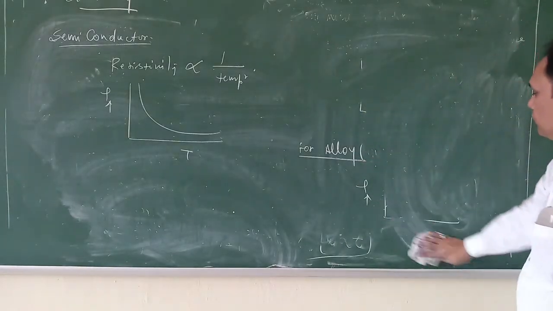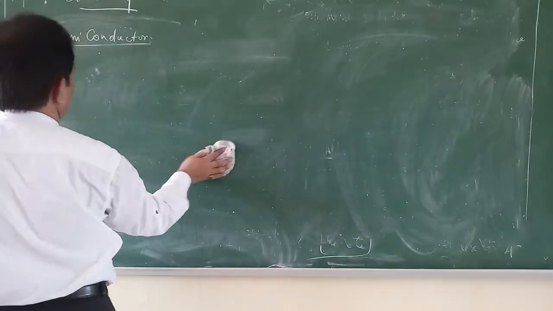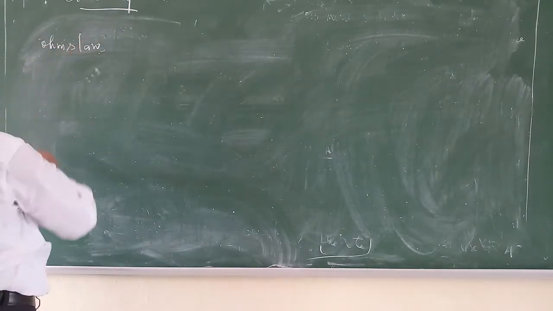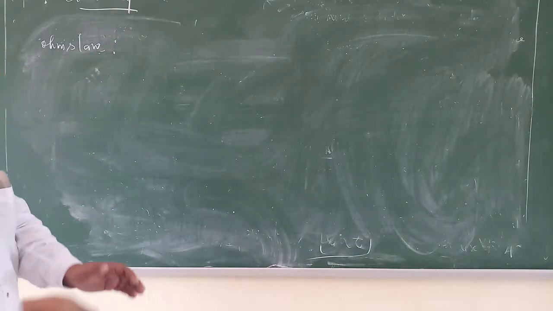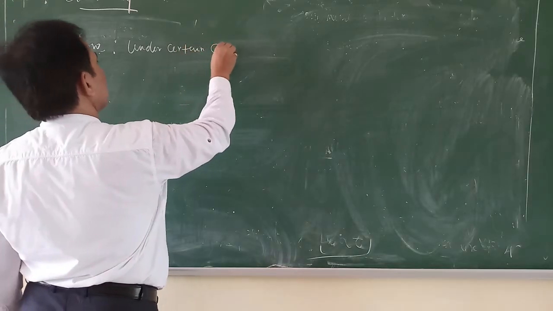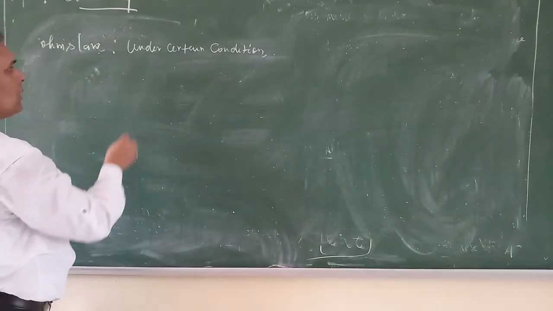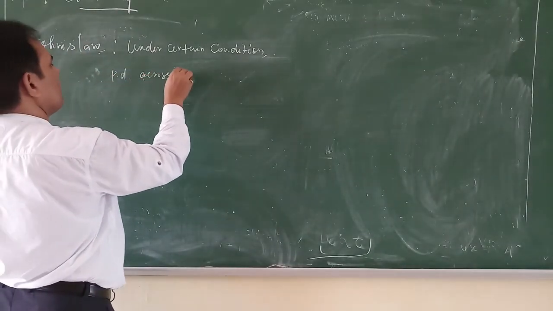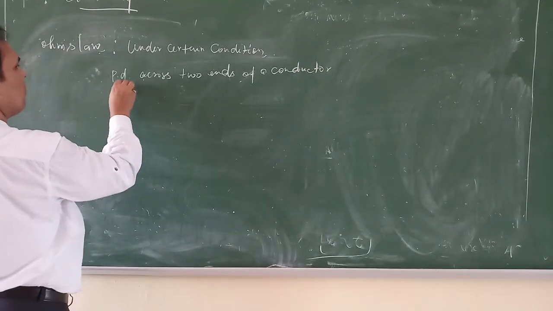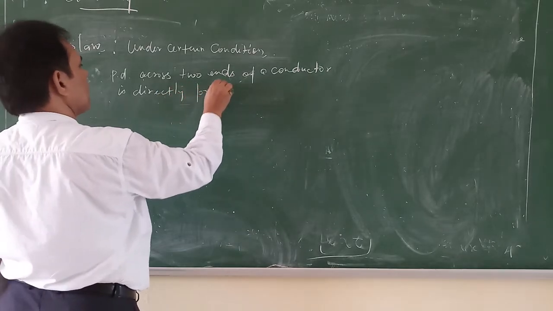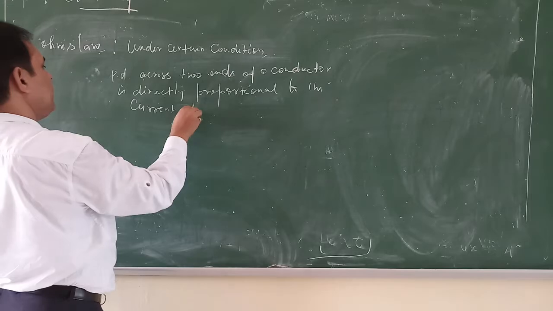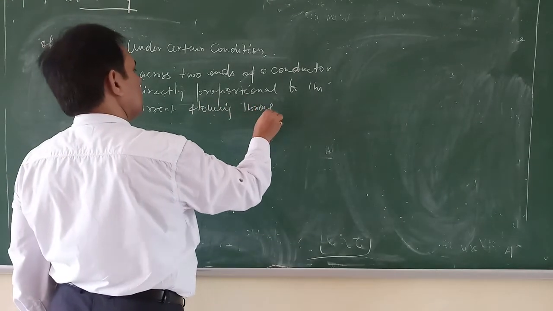Second, Ohm's law. You know Ohm's law? Ohm's law says that under certain conditions, the potential difference across two ends of a conductor is directly proportional to the current flowing through it.